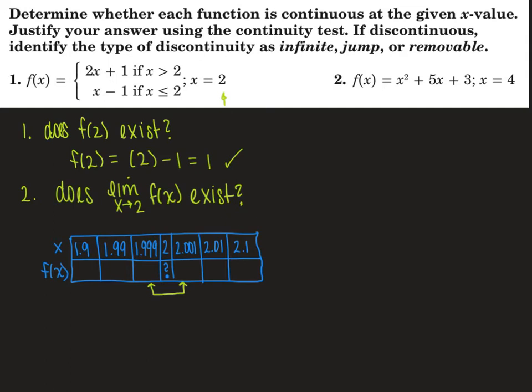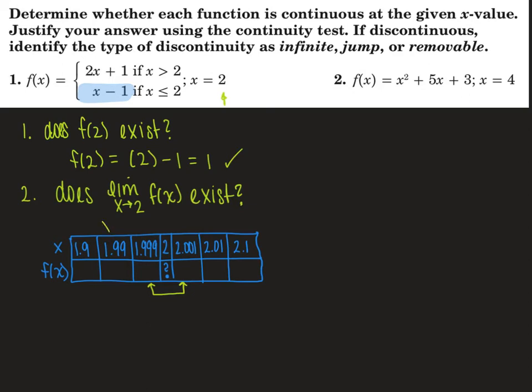So one thing that's special with this problem specifically is that it is piecewise. So when we're looking here, we have to make sure that we're using the right piece of our function. As we're coming in from the left, for all the values less than 2, this is the piece we're going to be using. So just for myself, I'm going to be writing it above those pieces.